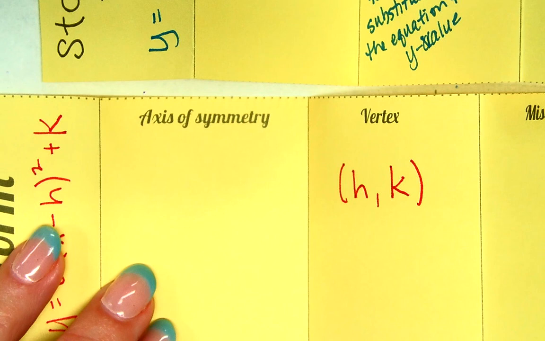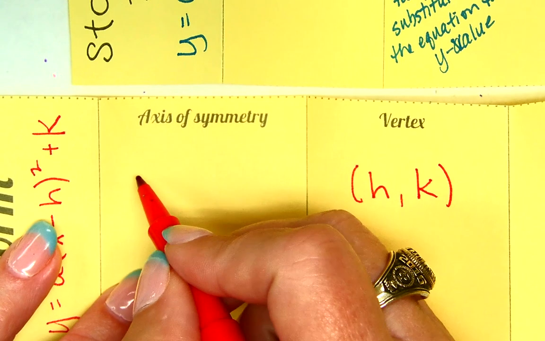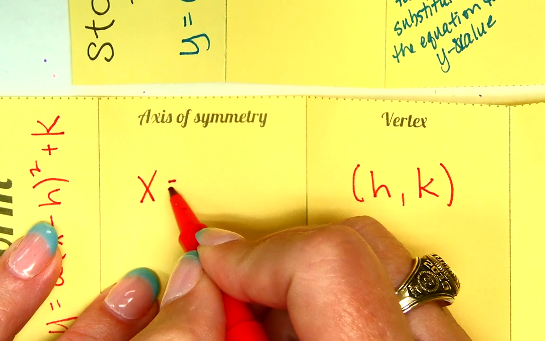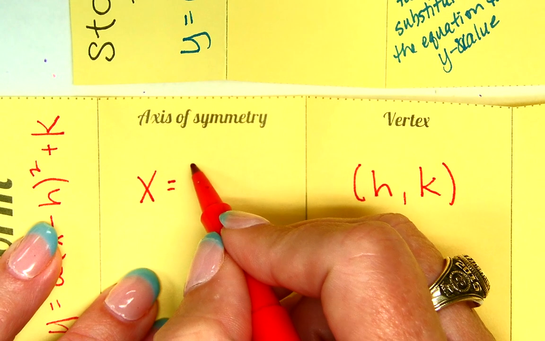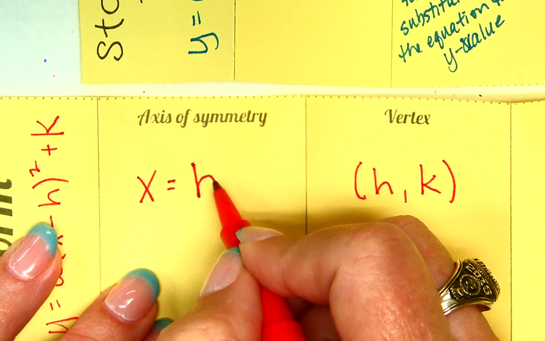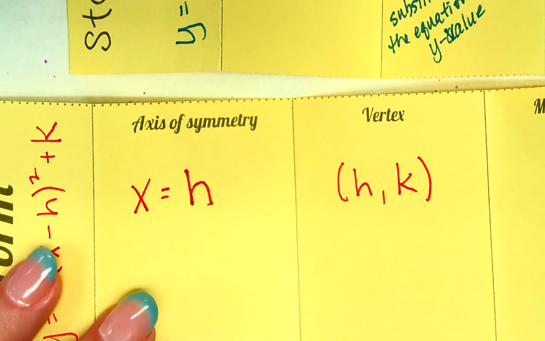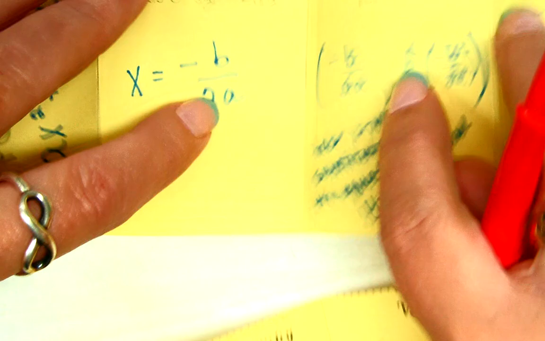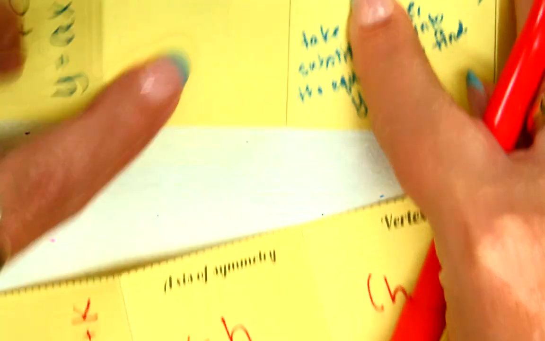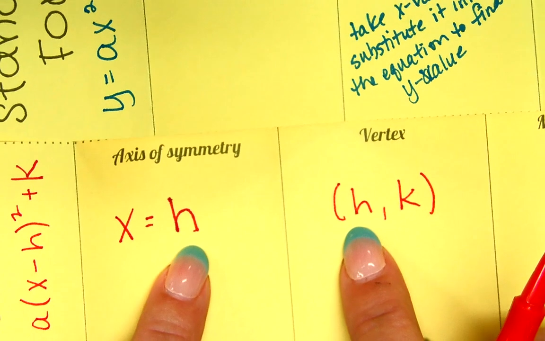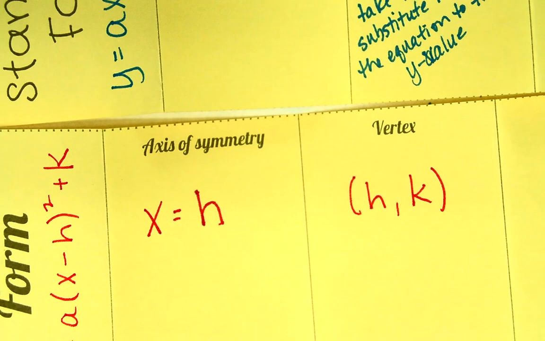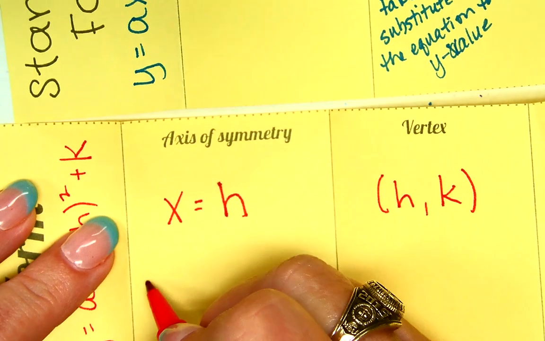Tell me the axis of symmetry for vertex form. X equals what? Yeah, h. See how those two are the same? Does that make sense?